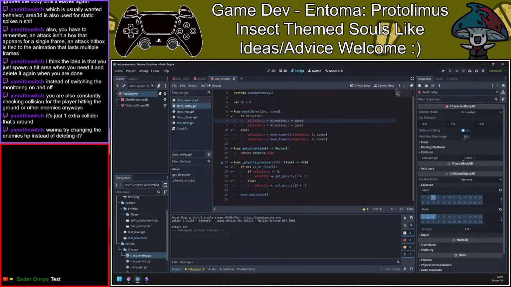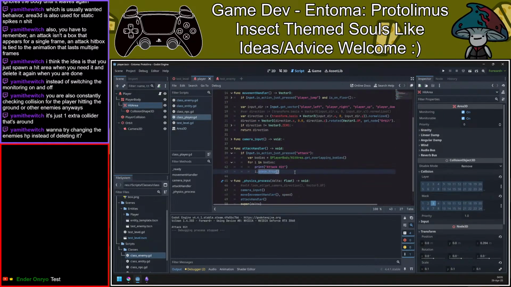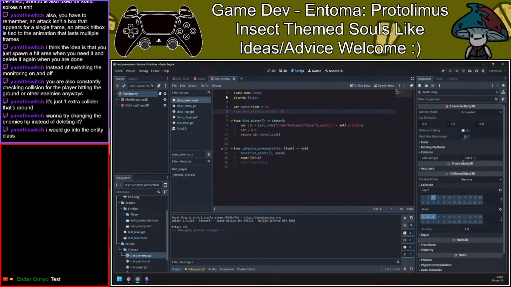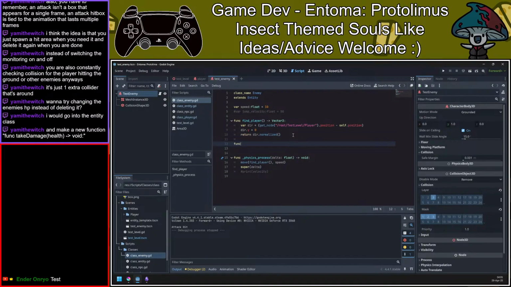Class entity HP. I dot HP minus equals 5. Func HP check: if HP is less than or equal to 0, queue free.